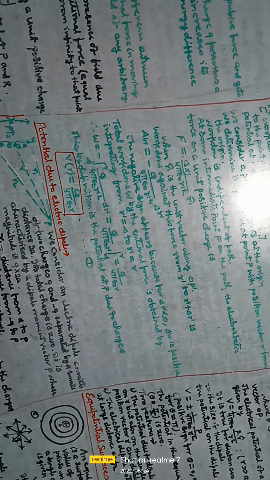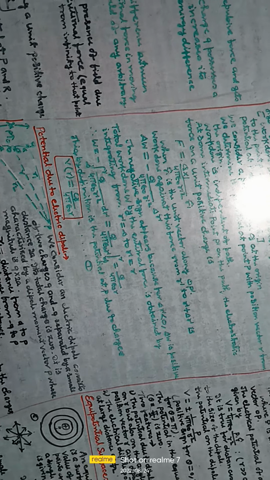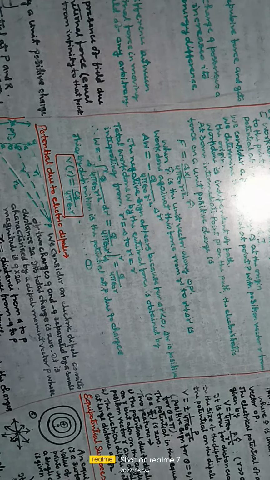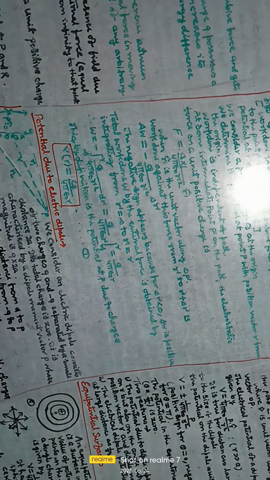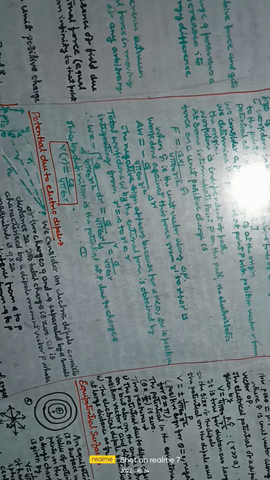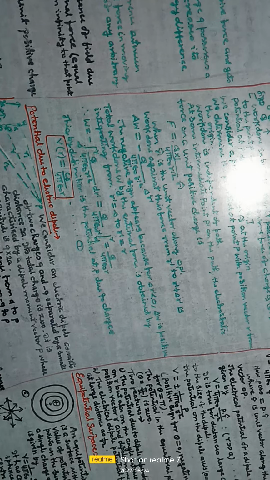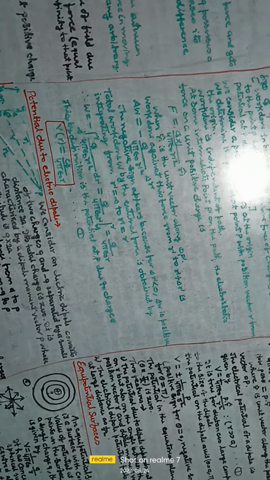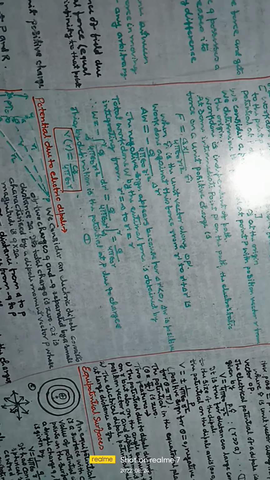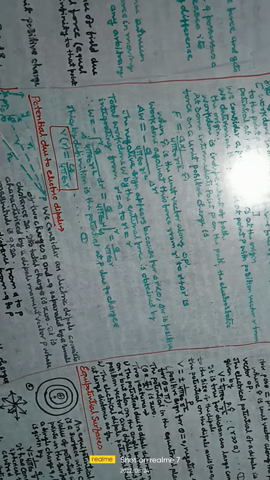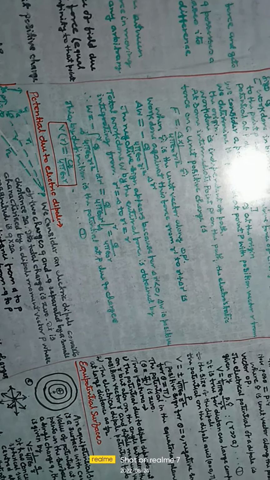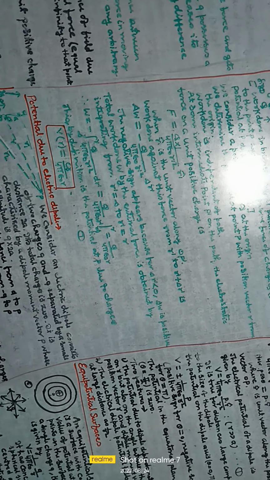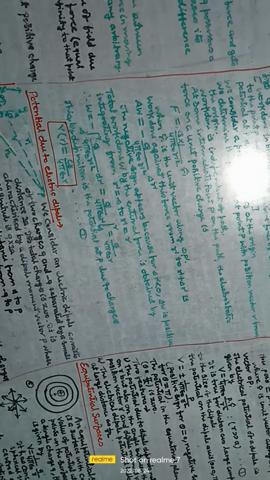This is W = integral from infinity to r of minus Q/(4 pi epsilon naught r dash square) dr dash, which equals Q/(4 pi epsilon naught r dash) from infinity to r, equals Q/(4 pi epsilon naught r). This by definition is the potential at point P due to charge Q: V = Q/(4 pi epsilon naught r).